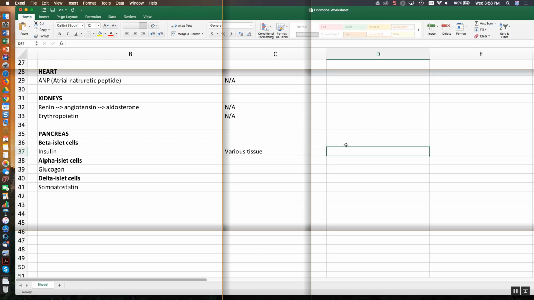Promotes glucose uptake. What does it do to blood sugar levels? Decreases blood glucose levels.